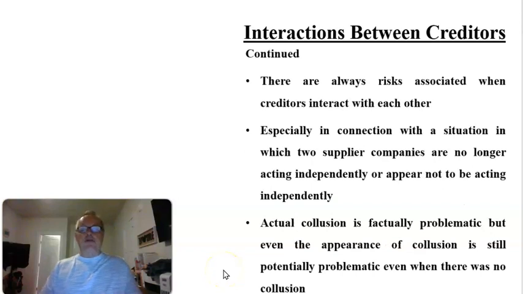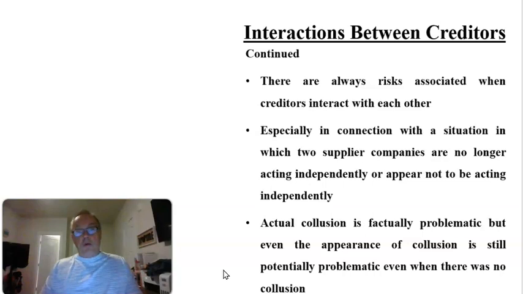The problem, the risk for us, is there's always a certain element of potential risk associated with interactions between creditor companies, especially between competitor companies, especially in connection with any situation in which two supplier companies are no longer acting independently, or alternatively, that they appear not to be acting independently with respect to a specific customer.